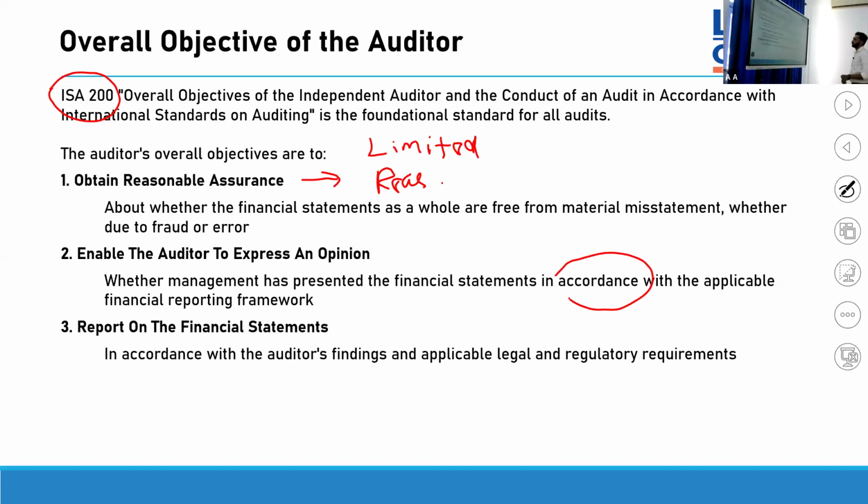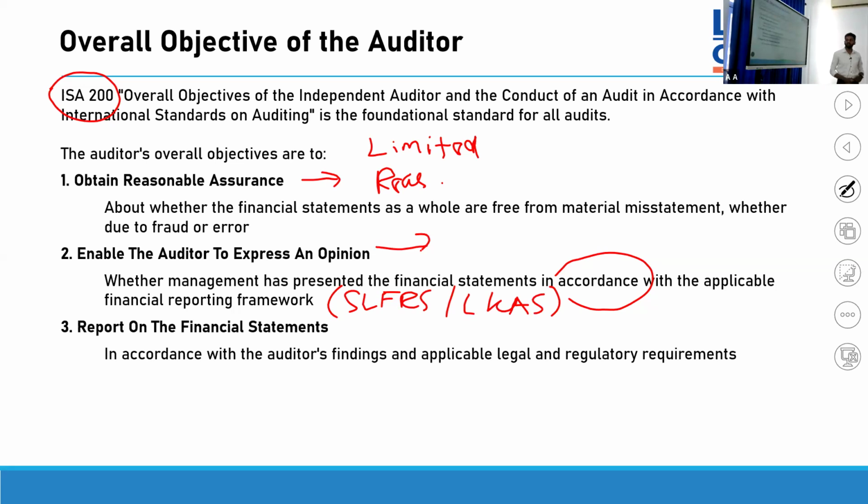Because if it is Sri Lanka, the financial statements must be prepared in accordance with SLFRS and LKAS. If they fail to comply with these standards, then we will have to modify our opinion. That is the second objective.